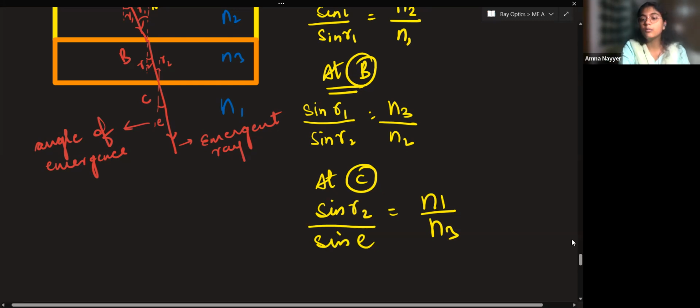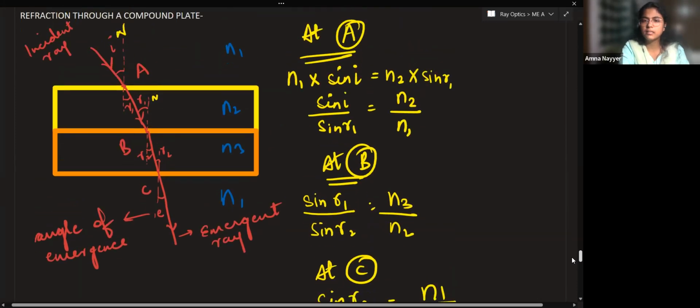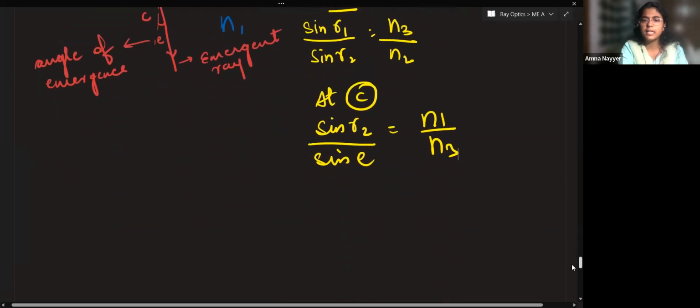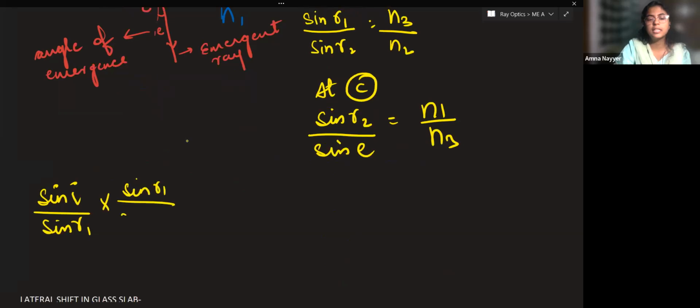Now, finally, what we have to do, see, if we have all these three equations, let's multiply them. So sine I by sine R1, into sine R1 by sine R2, into sine R2 by sine E, the angle of emergence.